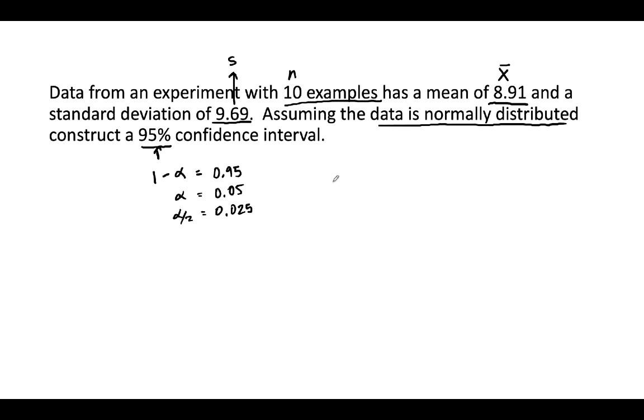Okay, so our confidence interval is x bar plus or minus t, and the first argument here is the degrees of freedom. In the formula I wrote it with this fancy v for degrees of freedom, but in general it's just n minus 1, so that means we'll get a 9 here.